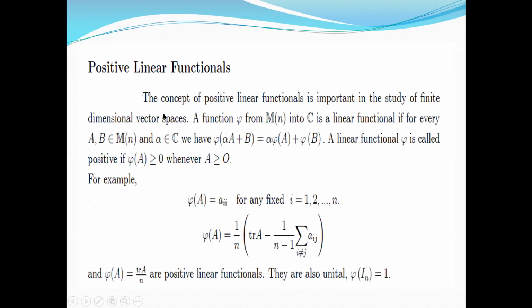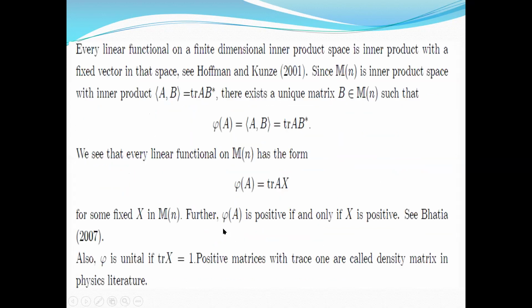Now positive unital linear functionals, we have discussed these in detail. These are also examples of positive unital linear functionals. Now every linear functional on a finite dimensional inner product space is an inner product with a fixed vector in that space. And we have that Mn is an inner product space with the inner product defined like this, trace AB star.